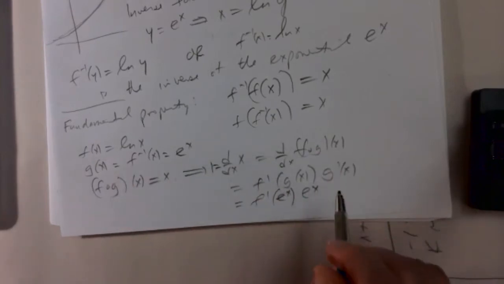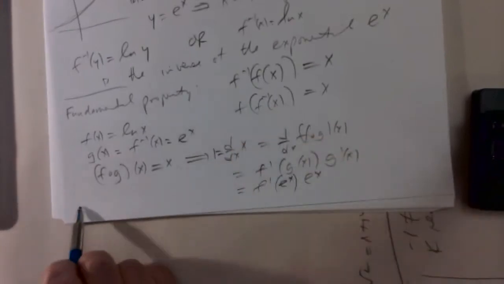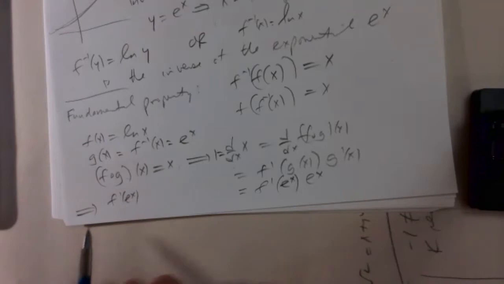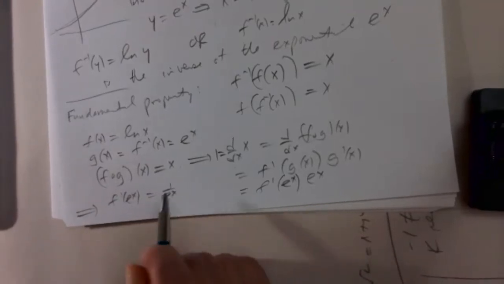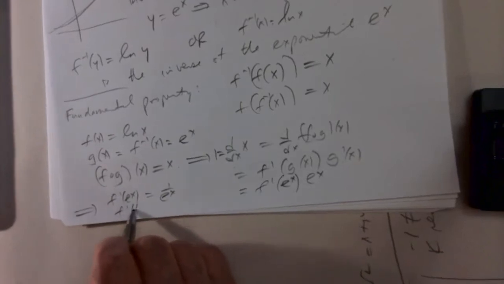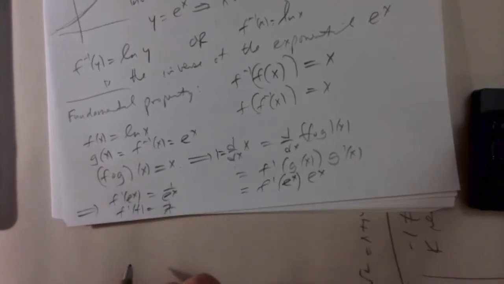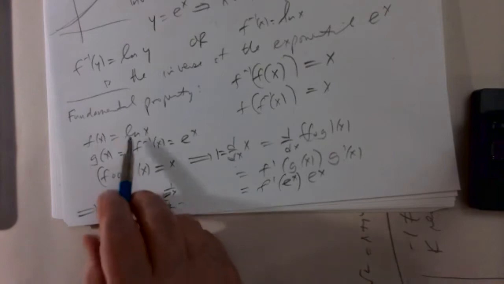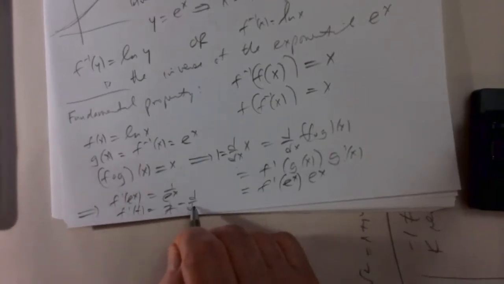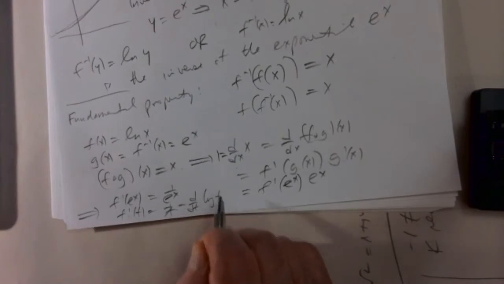Well, g of x is e to the x, the derivative is e to the x. So this implies that f prime of e to the x is 1 over e to the x, or if I let e to the x equal t, f prime of t is 1 over t. f is the log, so this is the derivative of the log of t.